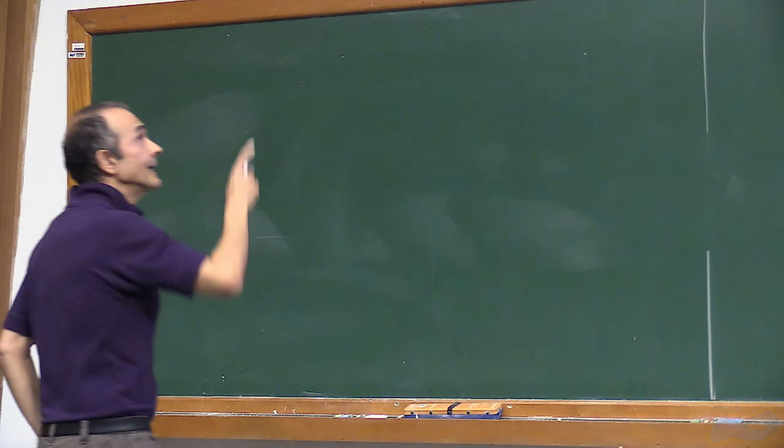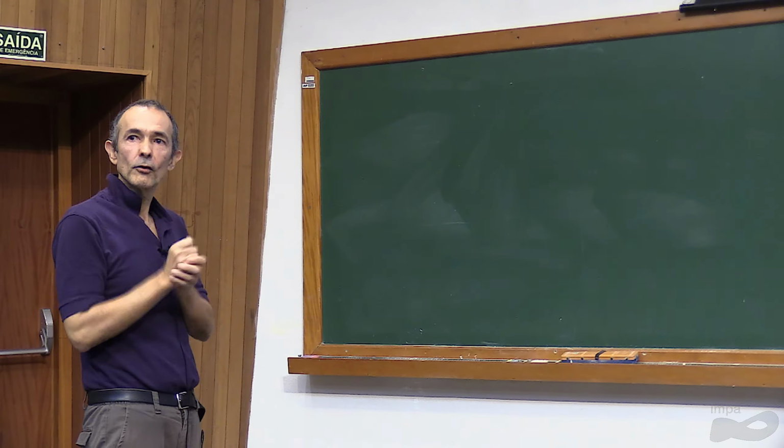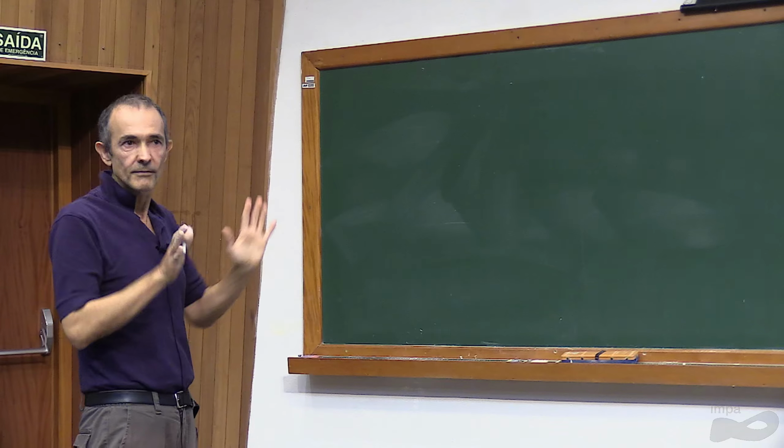For example, in this case, the problem is not completely solved in dimension 3, because we don't know if the neutral part is always non-trivial. If it is non-trivial, okay, we know the isotropy is exactly the one that Jan used to conjecture the general case, in fact.